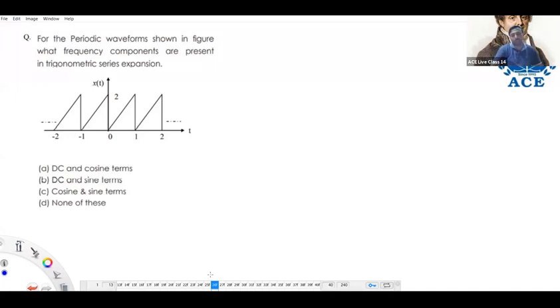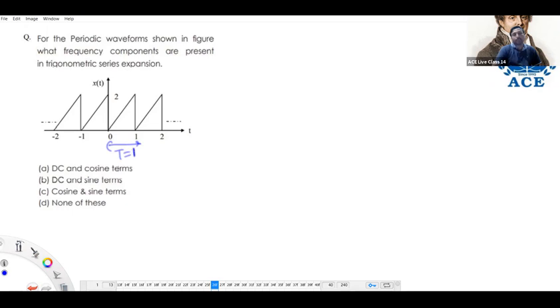What is the symmetry of the signal? If you know the symmetry, then we can say which coefficients are possible. By direct observation, there is no symmetry. The time period of the signal is 1.